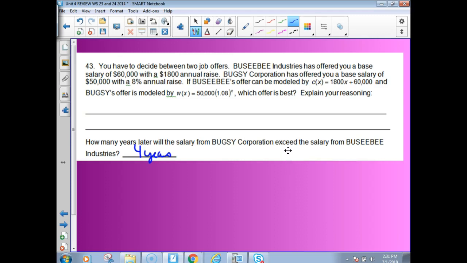Okay, now that's when you put the graphs in, right? Put both of these equations in, see where they intersect, right? It's after 4 years. So your description again, it would be a better offer at Bugsy's if you want to work there over 4 years because the salary is going to be higher every year after the 4th year. Or you can say, oh, I probably won't stay in the job more than 4 years, so I'd take Busy Bee.